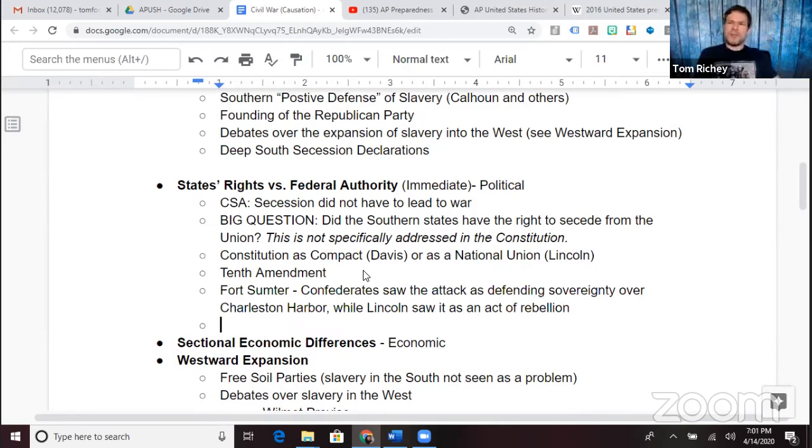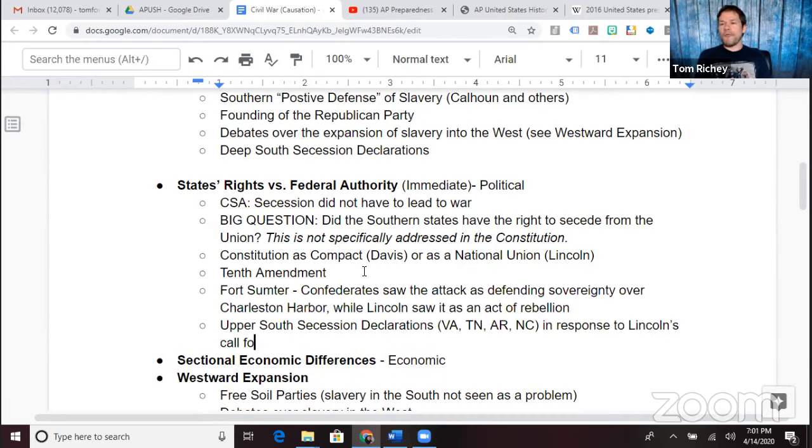Now, there are two waves of secession. There are the Deep South secessions that follow Lincoln's election, and then there are the Upper South secessions. That would be Virginia, Tennessee, Arkansas, and North Carolina. These are states that did not secede because of Lincoln's election, but in response to Lincoln's call for troops.